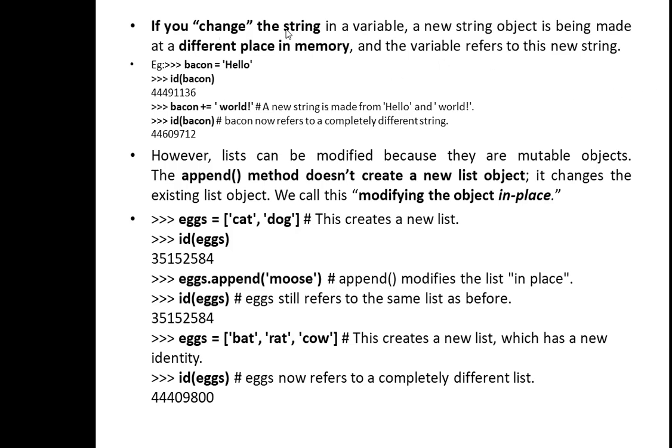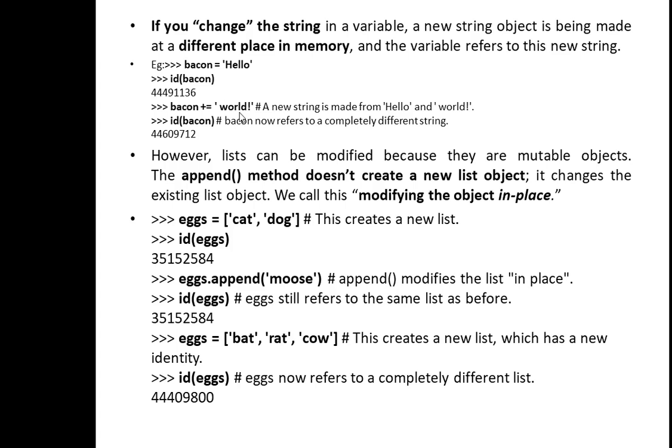So let's say we want to change the string in a variable, how do we do it? Let's say I assign the value hello to bacon, and if I see the ID of bacon, suppose this is the memory address at which the value of bacon, that is hello, is stored. Now let me try to modify this string by saying bacon plus equal to world. What is it actually doing?